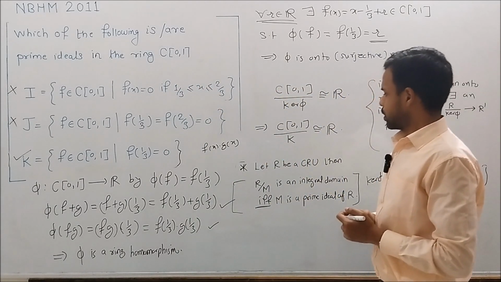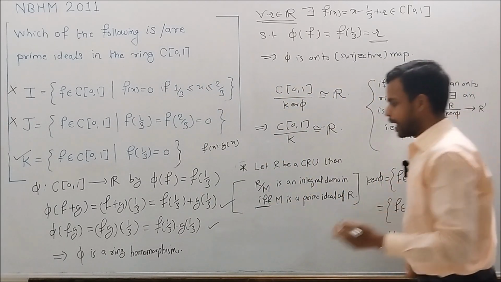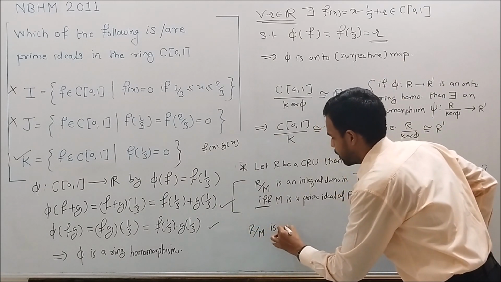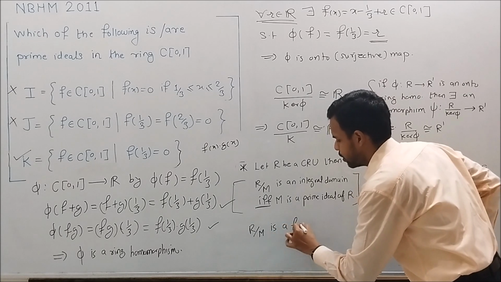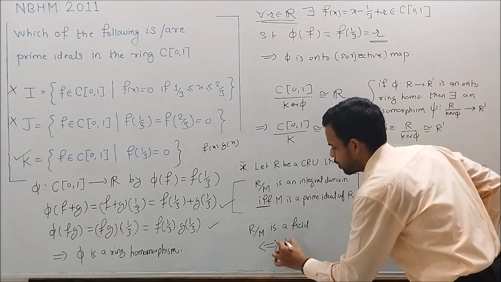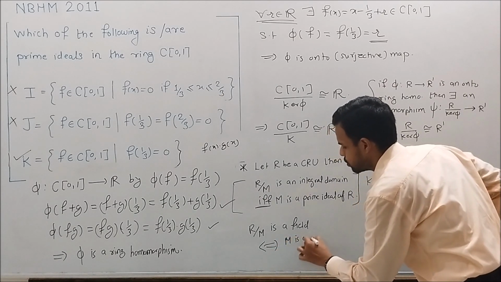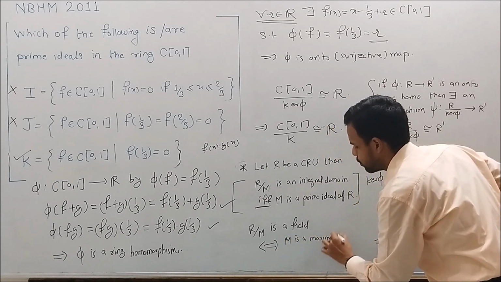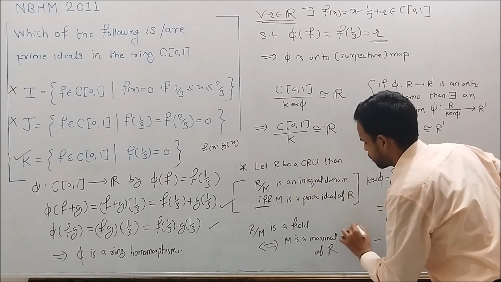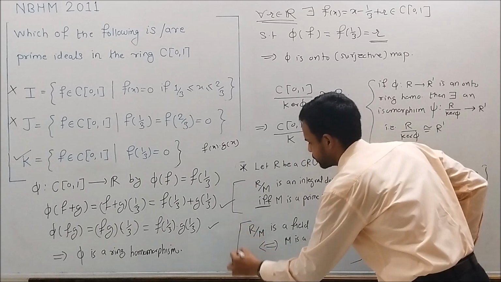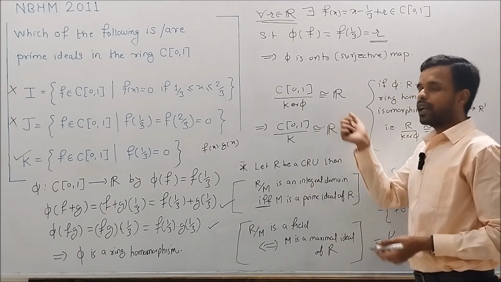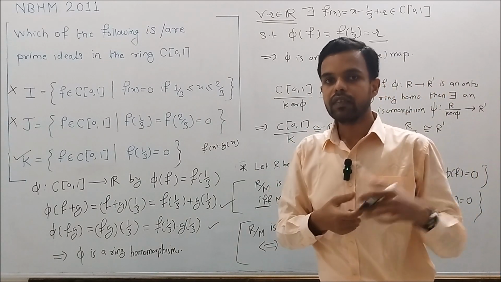In fact, we also have the result that R by M is a field if and only if M is a maximal ideal of R. We know that the ring of real numbers is a field also.